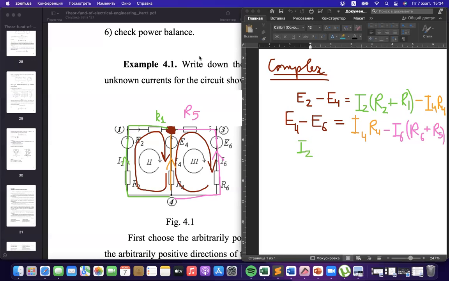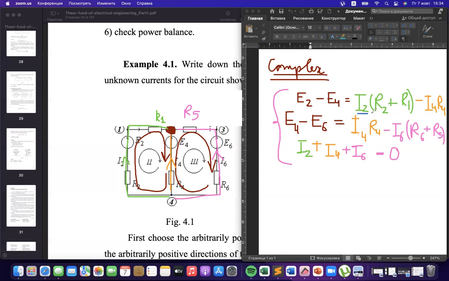And the last equation tells us about current in this point: I2 plus I4 plus I6 in total equals 0. It is a system of three equations. Electromotive forces are known to us. Resistivity also is given.